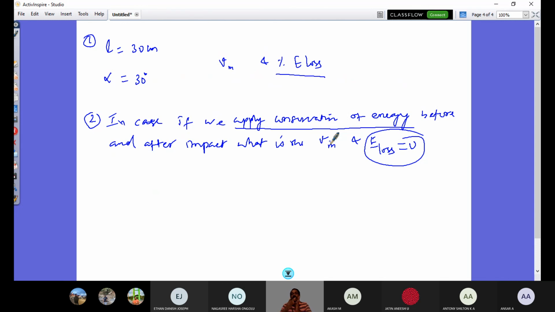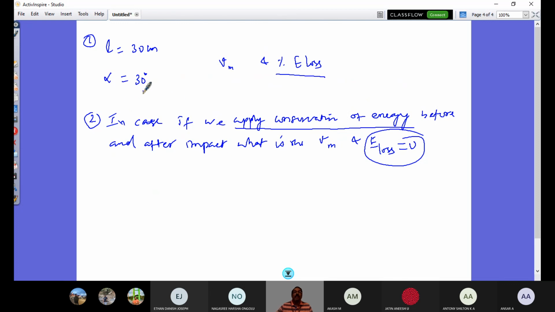Whereas along the tangential direction, the plane of impact, the velocity component of a vehicle before impact is the same as after the impact. So partially energy is conserved, but not the entire energy. So that clarity is important.